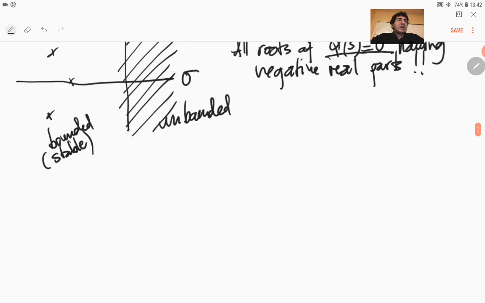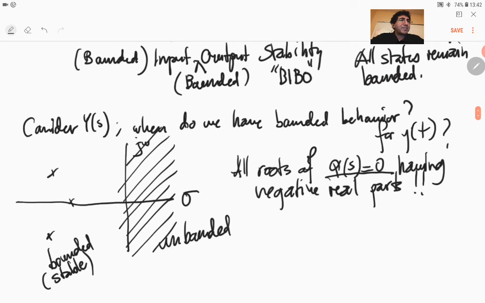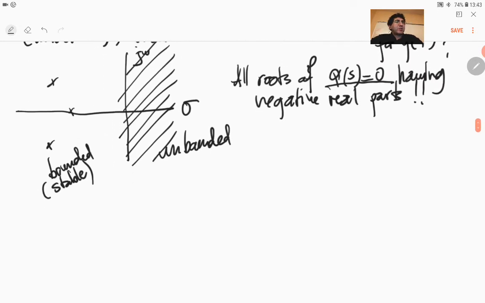Okay. Now, is there a catch, or is there something we need to be aware of? Because remember that when we are computing y of s, we have the transfer function T of s, but we also multiply with the Laplace transform of the input. So what can happen, and we are looking at the denominator of T of s, which is Q of s, is that when you multiply it with U of s, you might actually cancel out some of the poles of T of s.